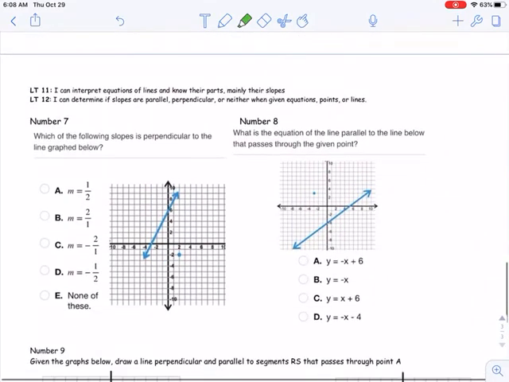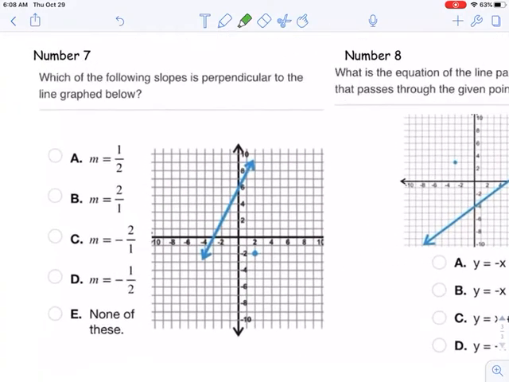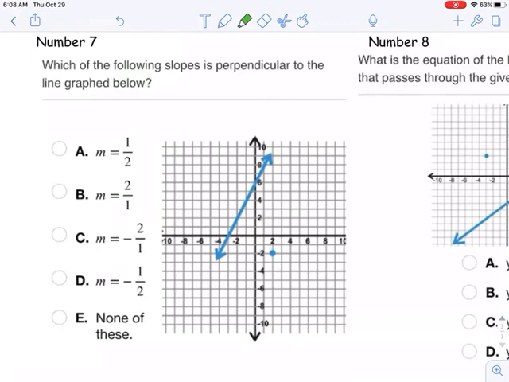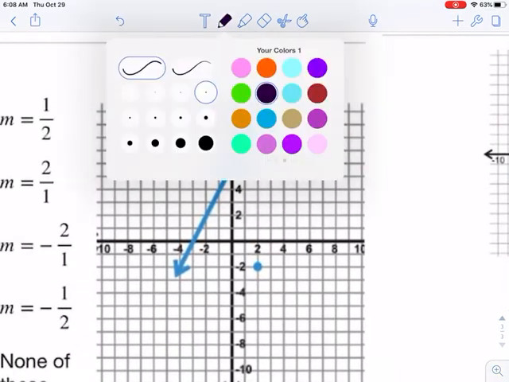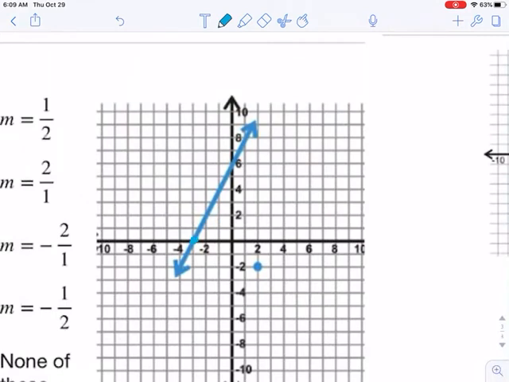Let's go ahead and just knock the rest of these notes out. Which of the following slopes is perpendicular to the line graphed below? So let's go ahead and try to figure out the slope of the line given. That's negative 3, 0.